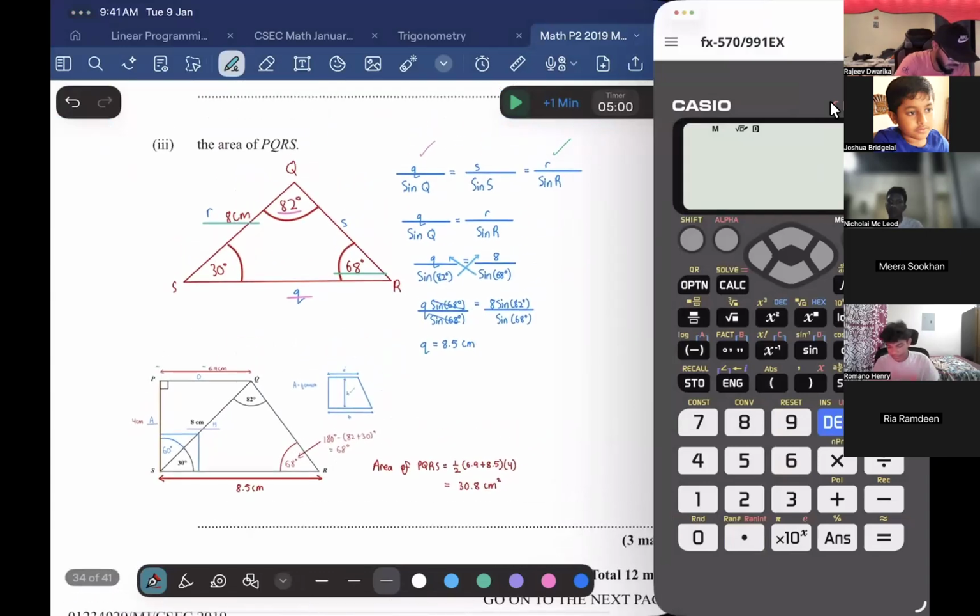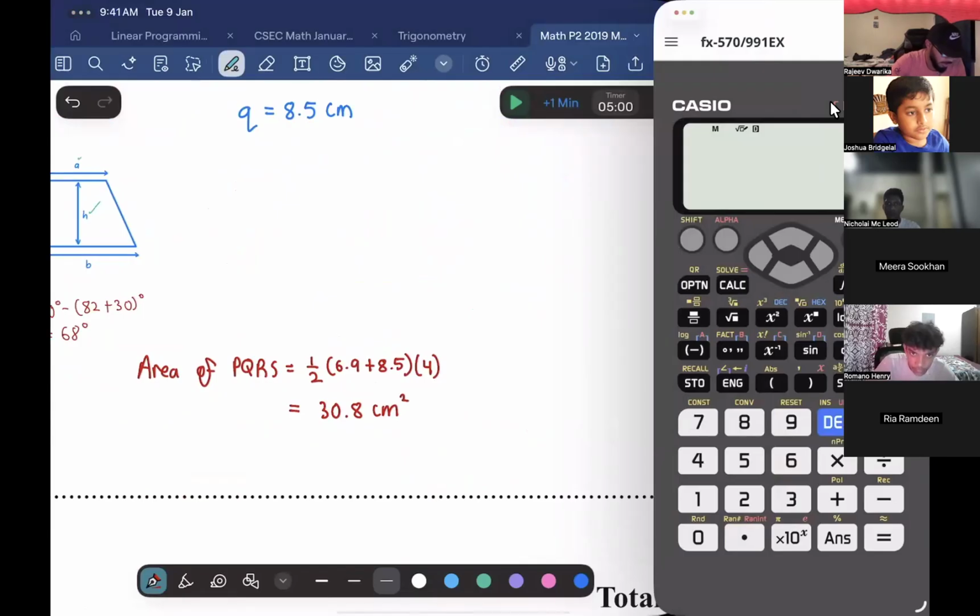Please explain how to put this in the Sharp calculator because I keep on getting error. Here, instead of 8.5, just put 0.5. Open bracket, 6.9, plus 8.5, close bracket, open bracket, 4, close bracket. So exactly what you see me plug in there, plug that into your calculator. Yeah, I got your answer.